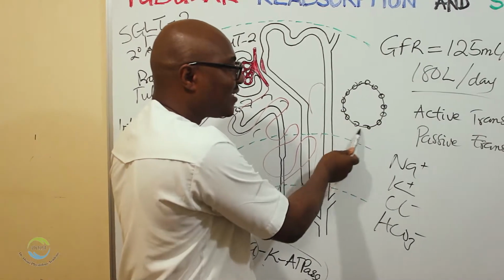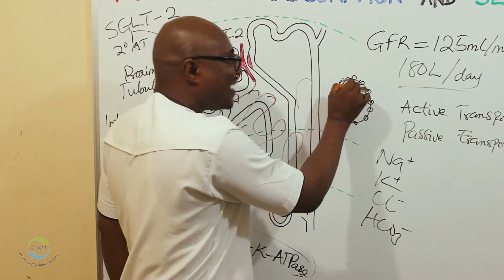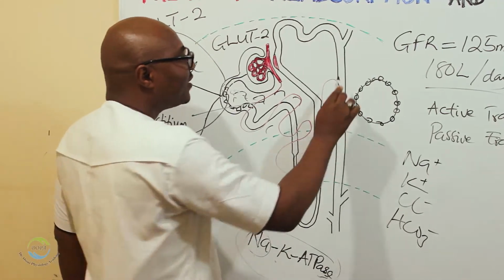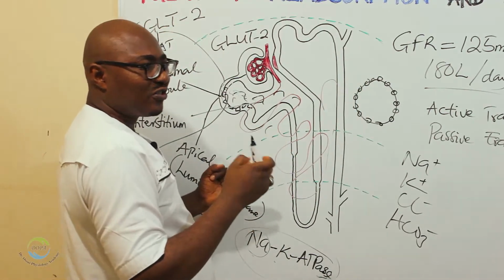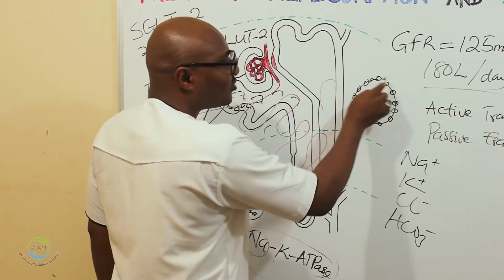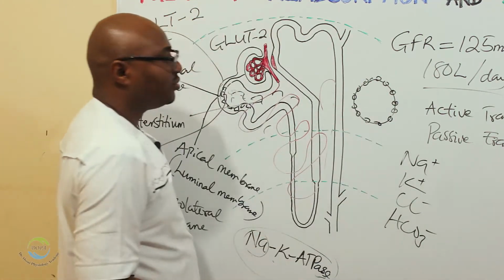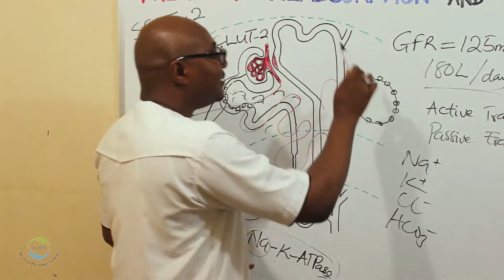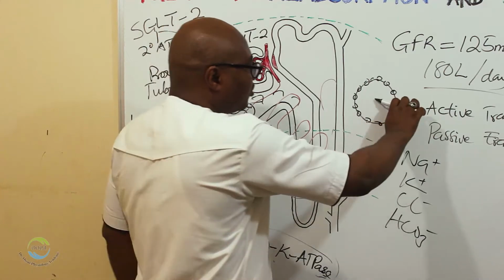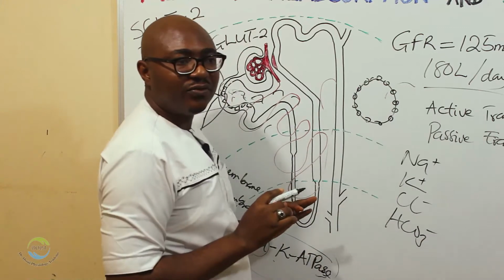They have a specific number of glucose molecules that they can bind. So what happens if the molecules of glucose now occupy every one of them? Let's say there are about 1 million, and 1 million molecules occupy everything. What do you think will happen? That means this particular cell will now be incapable of transporting glucose from inside the cell to the interstitial fluid.